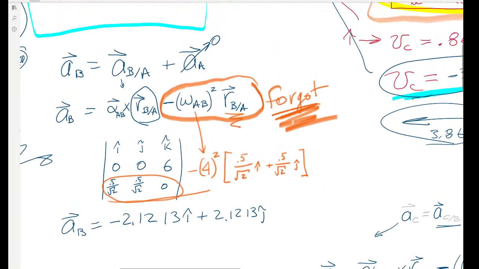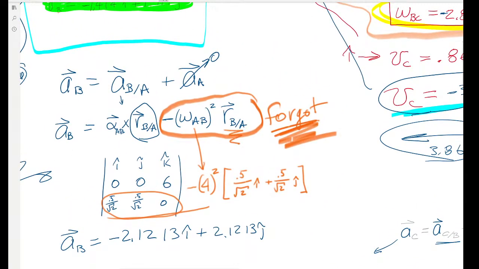Let me get down here. Luckily, the magnitude of each one of these is the same. So all I've got to do is calculate one of the magnitudes.